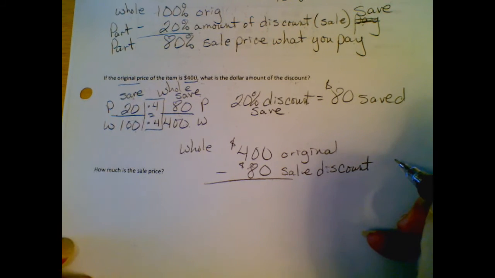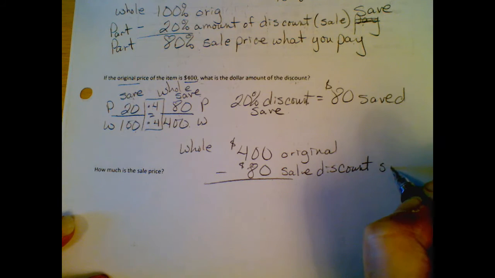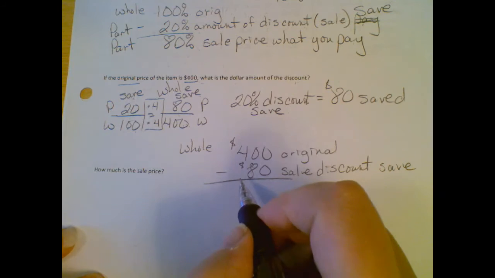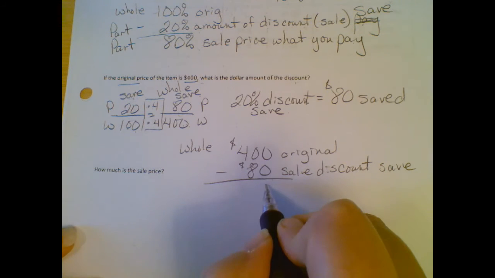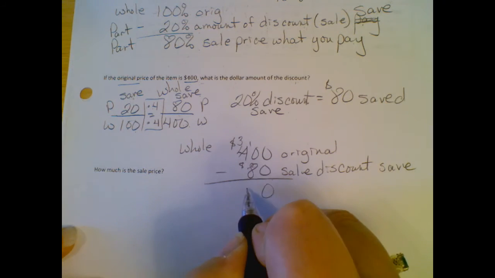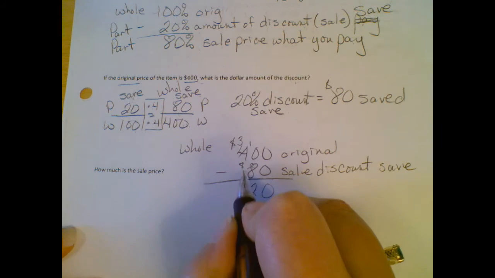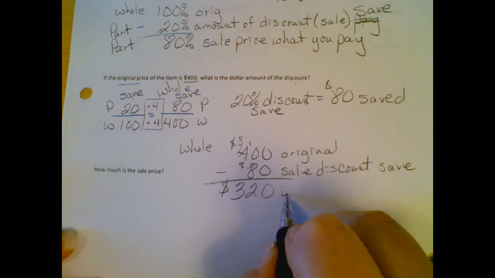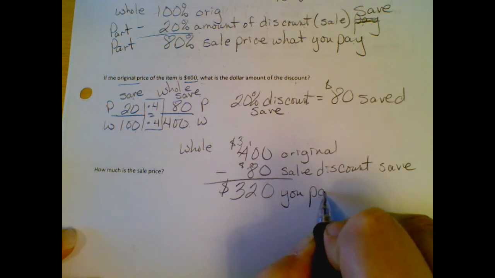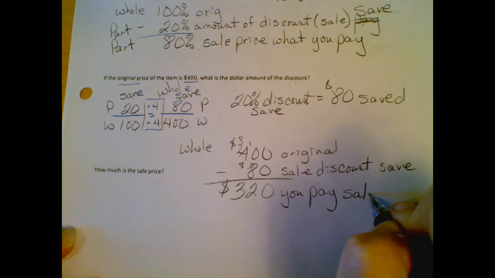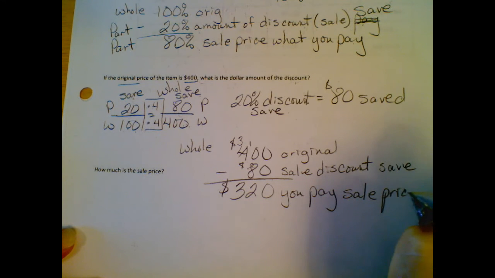And I'm being very particular about these labels. This is what you save because we are very much using them. 400 minus $80 to save gives me 0, borrow, 10 minus 8 is 2, 320. This is what you pay. Okay, so this is the sale price.